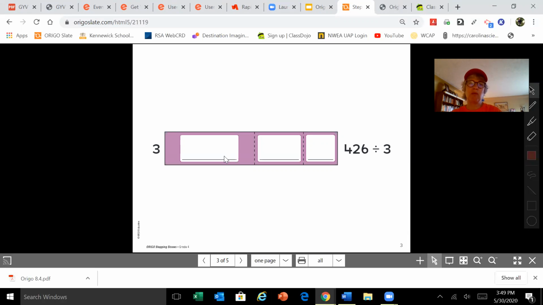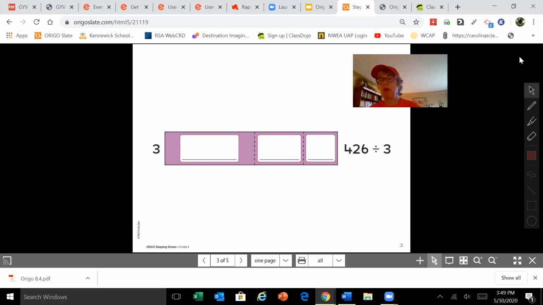So the first thing I think about is, well, I know that 3 would go into 300 evenly. So I'm going to put that right here. Then what I have left over, if I remove the 300, is 126. Well, my brain is just going, oh, I see a way through here, because I know I can also split up 126 in a way that 3 would go in evenly.